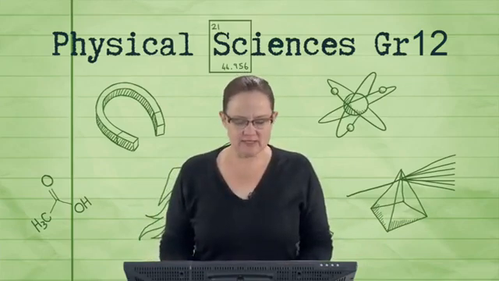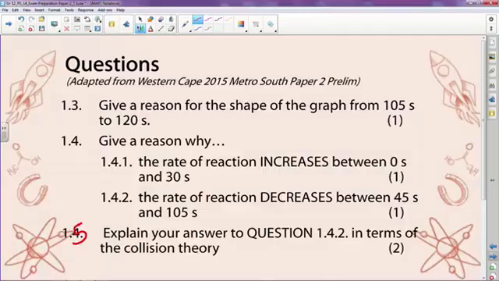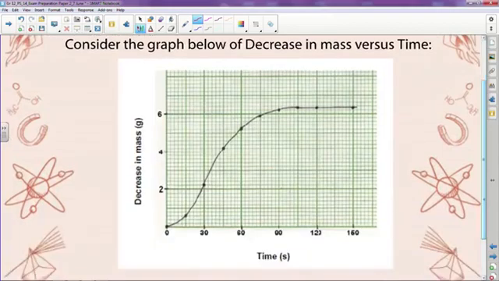So now it says, give a reason for the shape of the graph from 105 to 120 seconds. So now we look at the graph and we go, well, at 105, which sits, so there would be 110, 105 is around here somewhere. So they're looking at this point. Now, if we look at that, the graph goes flat.